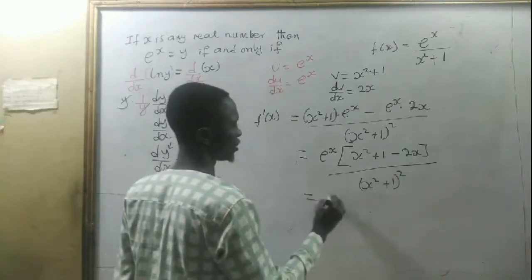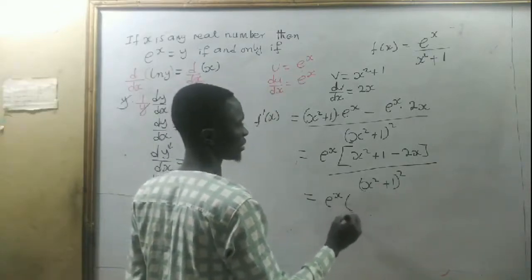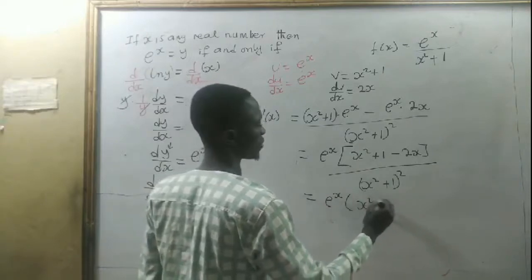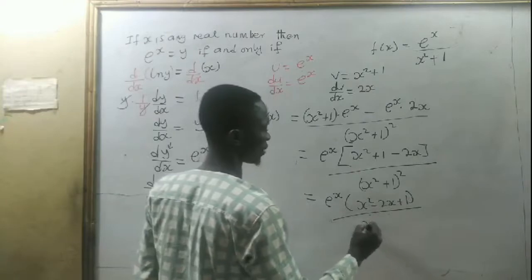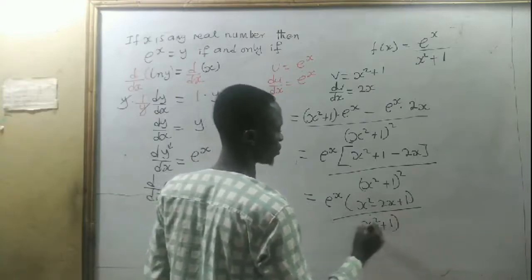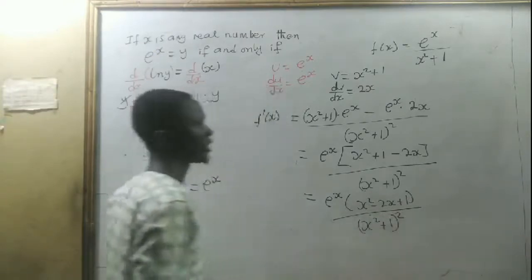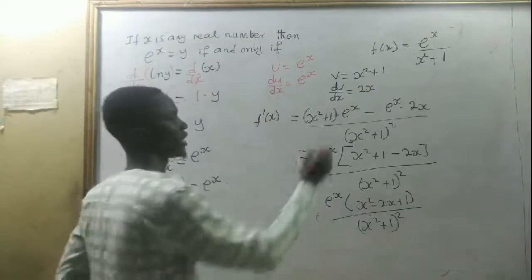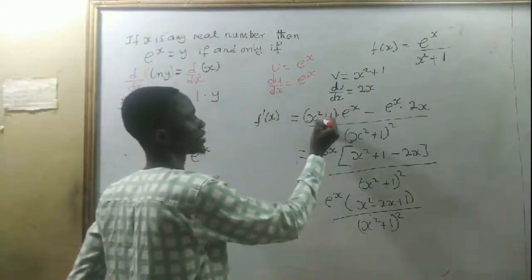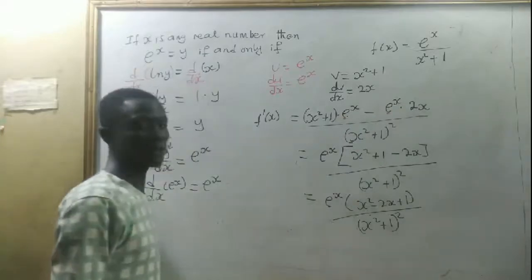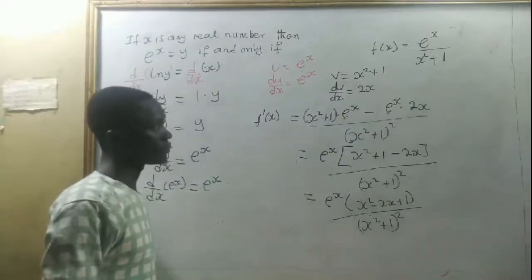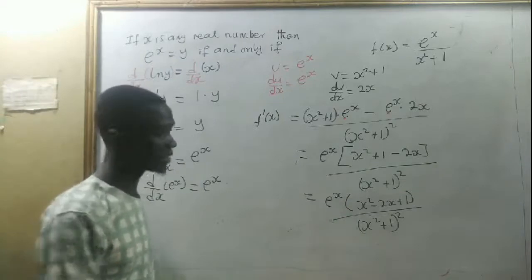And this will give me e to the power x times x squared minus 2x plus 1, all divided by x squared plus 1 all squared as my final answer. So here you see that there's no need to multiply through by this. We have like terms here, so we can factorize it out to simplify the expression. Very simple as that.